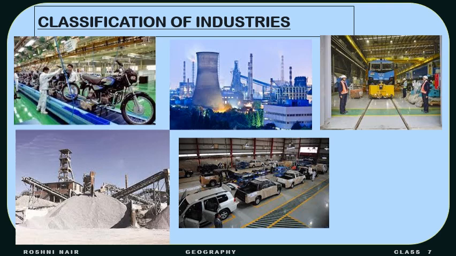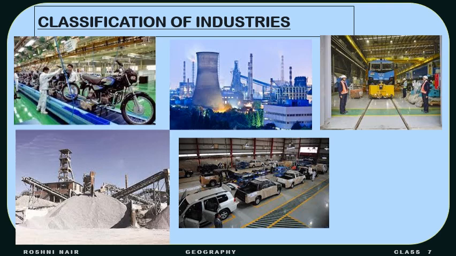And we also have mineral-based industries. These industries are primary industries that use mineral ores as their raw materials. The products of these industries feed other industries, that is, it is all linked. Iron made from iron ore is a product of a mineral-based industry, and this is used as a raw material for the manufacture of a number of other products such as heavy machines.